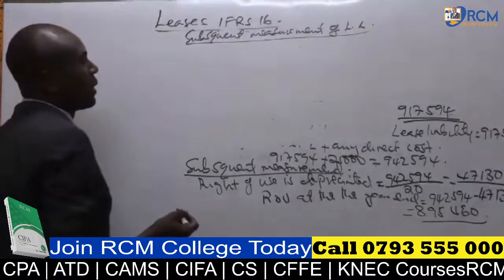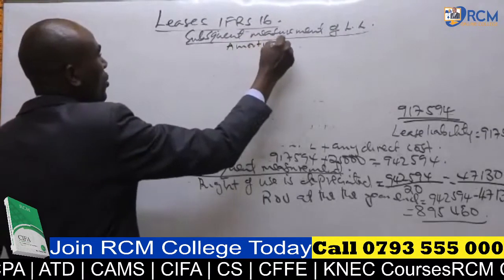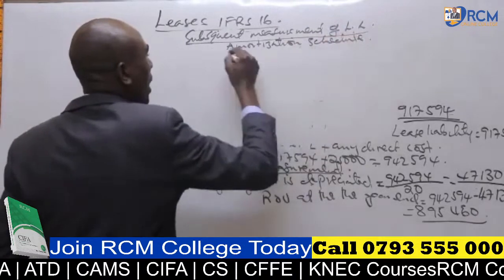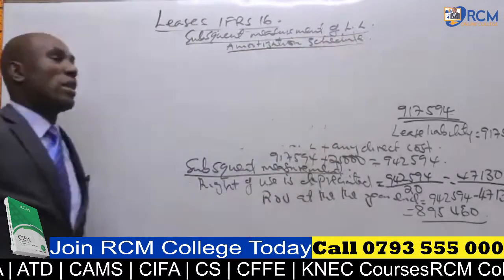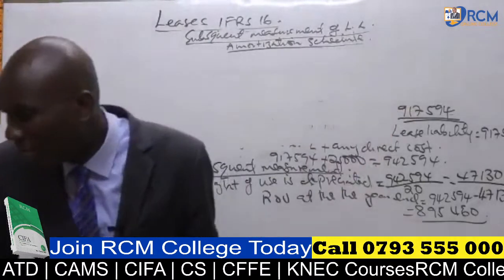This one we said we carry at amortized cost. Amortization schedule. And we are only going to prepare the amortization for 1 year, not 20 years. We are not doing it for 20 years.